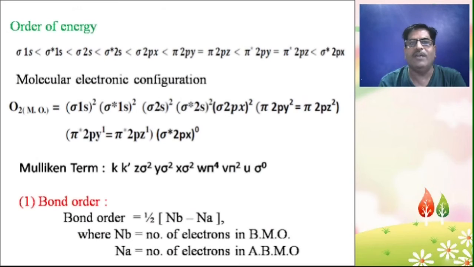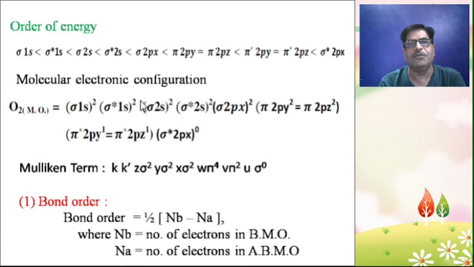So now let's see the order of energy and bond order. For the order of energy, same as before, we write the sequence from lower to higher energy, sigma 1s to sigma star 2px. So what is the molecular electronic configuration?